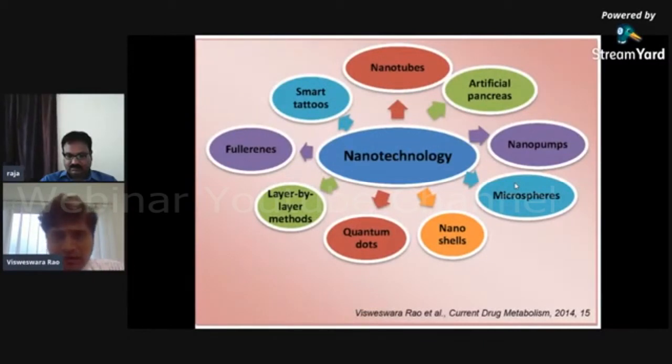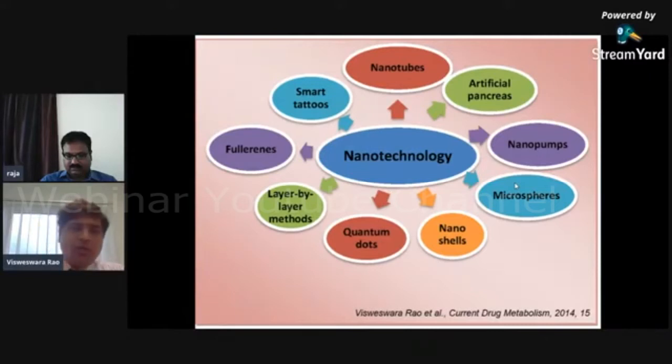This is what I mentioned in my article in 2014 in Current Drug Metabolism, on various applications of nanotechnology towards diabetes. This article only describes the applications of nanotechnology in diabetes treatment.